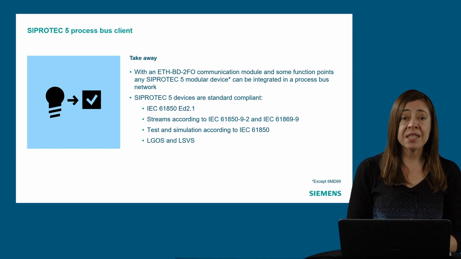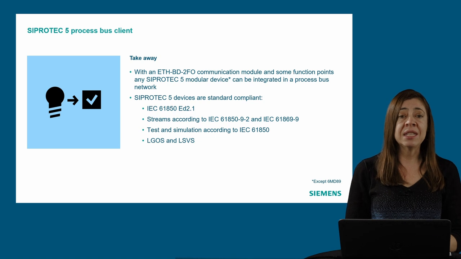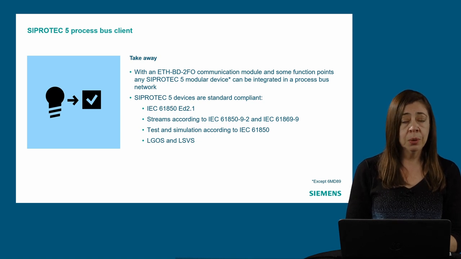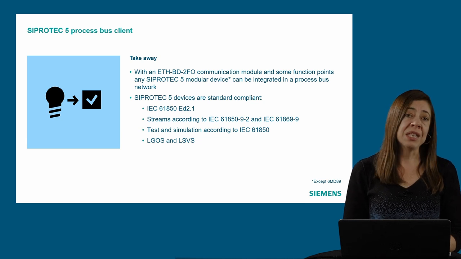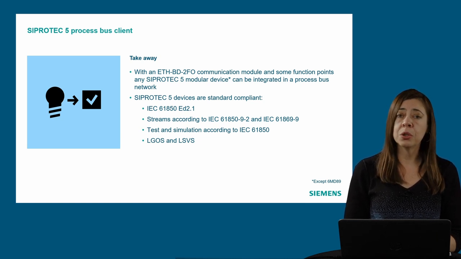The SIPROTEC devices, additionally, are completely standard compliant, supporting the IEC 61850 edition 2.1, the streams according to the IEC 61850-9-2, including the light edition, and also the flexible streams according to the IEC 61869-9, the test and simulation according to the IEC 61850, and also the supervision nodes for the GOOSE messages and sampled values.